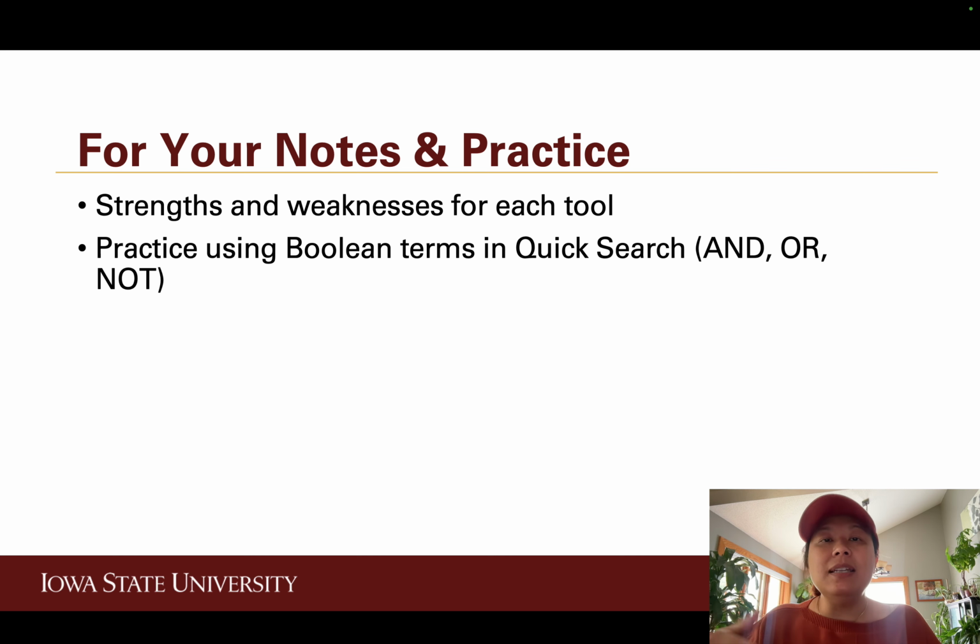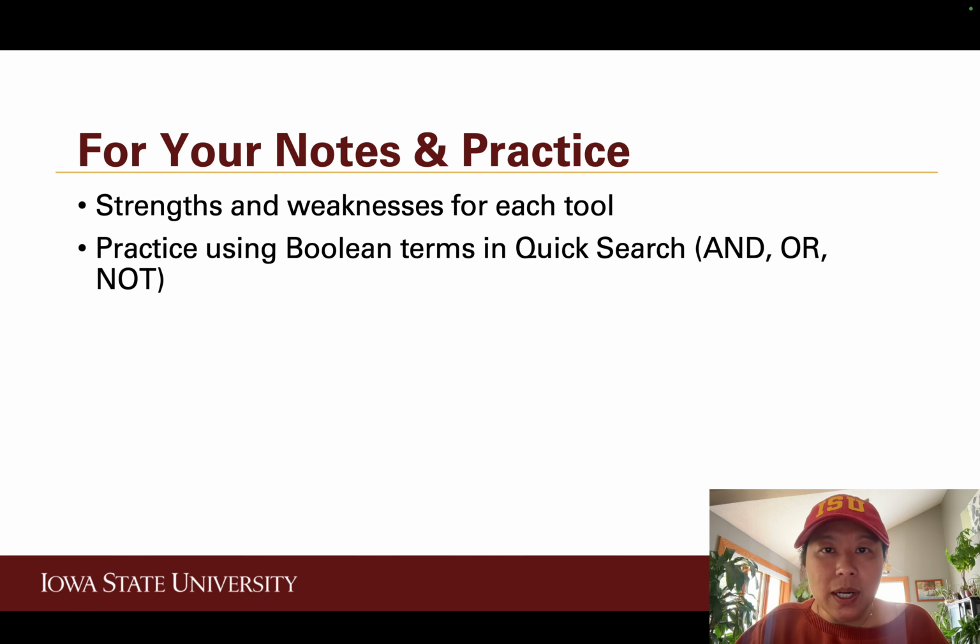The problem, though, is when you're looking for specific kinds of information, you don't have the time to go through all of those results. Boolean search terms will actually work in your web search engines, especially in the advanced feature, and they'll really work in Quick Search.